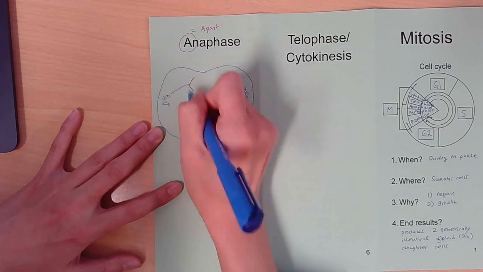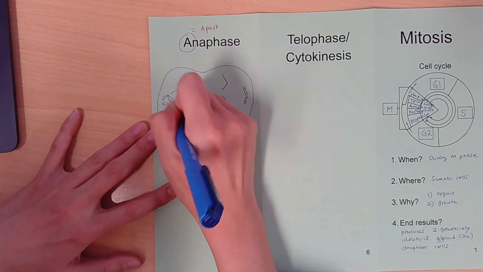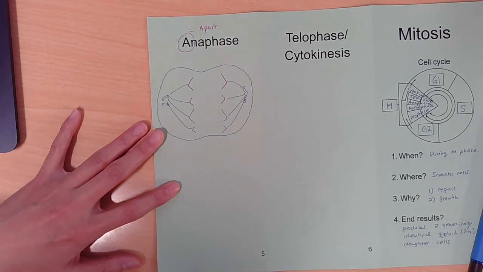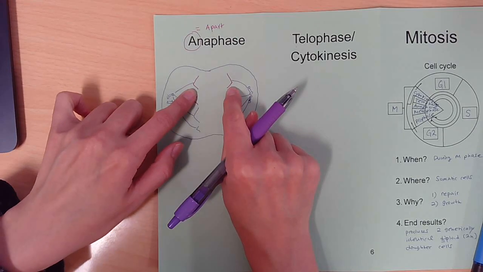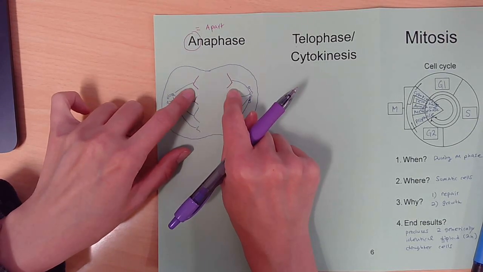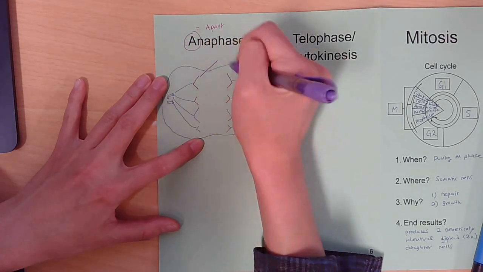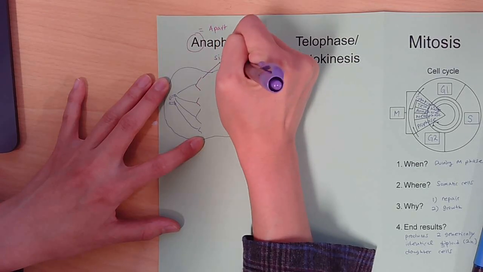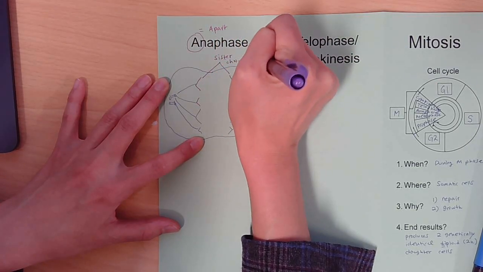And each half of the chromosome is attached to spindle fibers. So this used to be one X-shaped chromosome, which is now being divided into two separate chromosomes. We call these two identical halves sister chromatids.